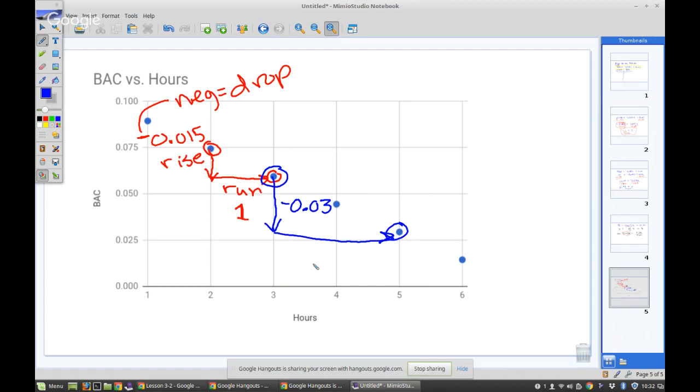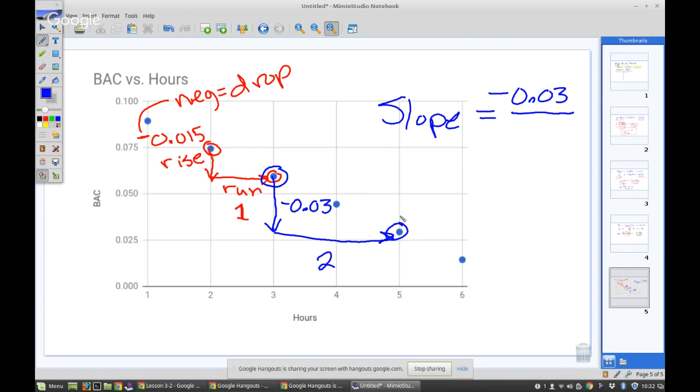I'm going from 3 to 5. So the slope says, from these 2 points, drop 0 points to get from 3 to 5.